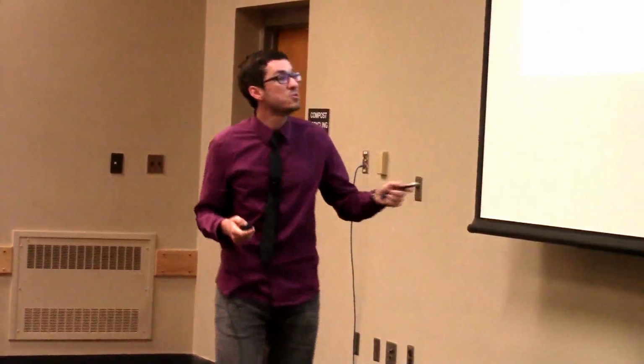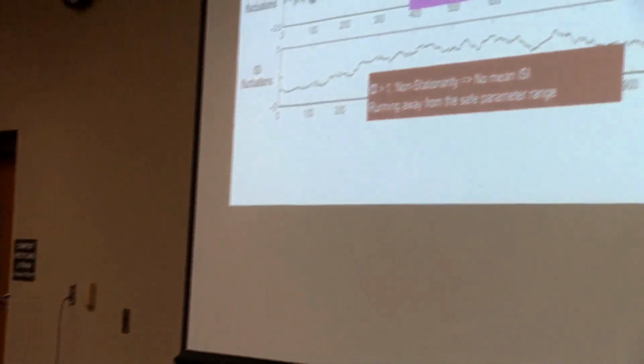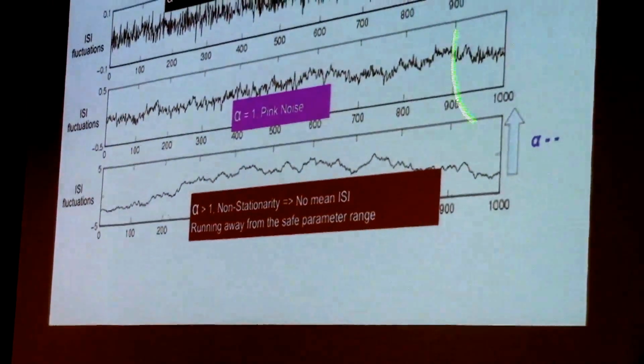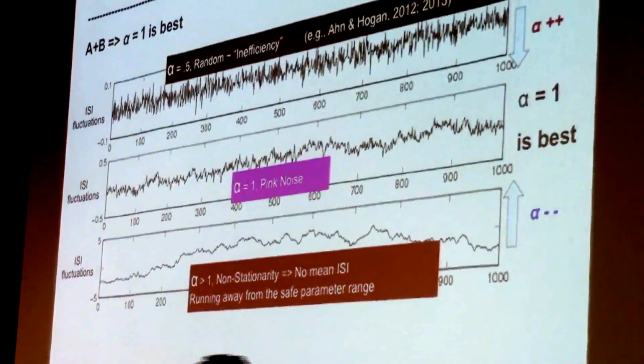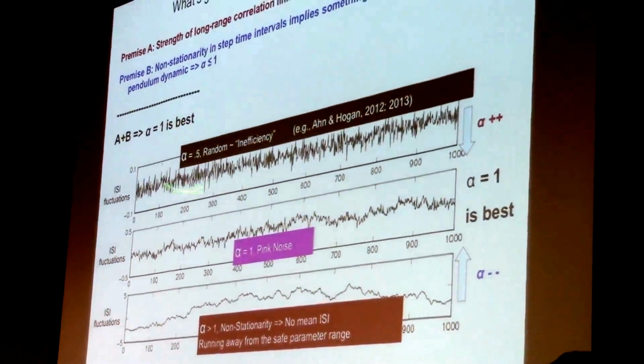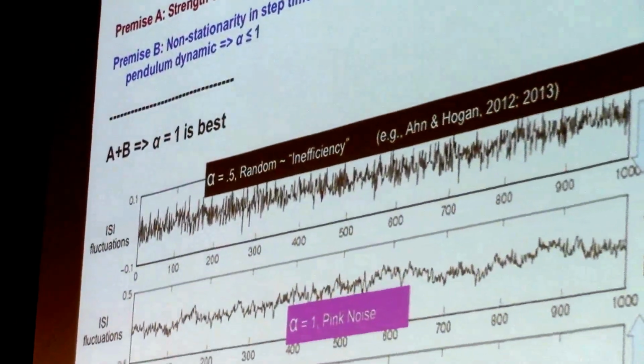So if you're here, if you're in this regime, then this means something is going wrong. I cannot tell you what, but based on this reasoning, it's not right. So when you put the two together, you come up with this double constraint, which tells you that alpha of 1 is the optimal for the interstride intervals.